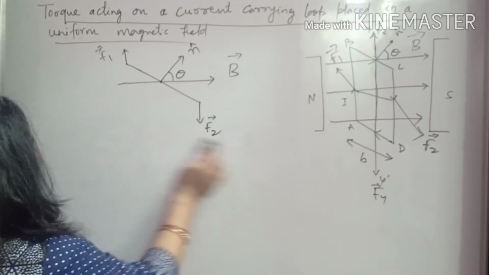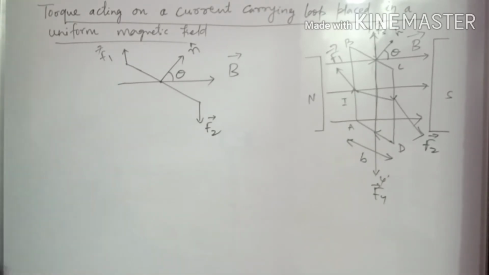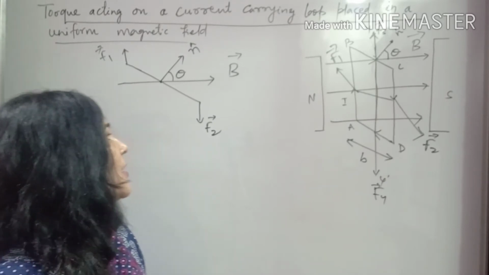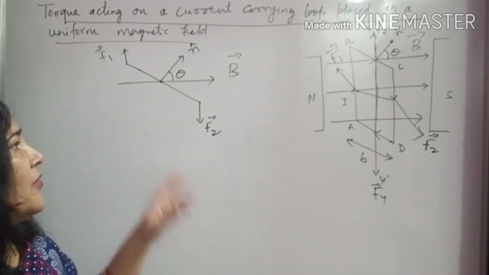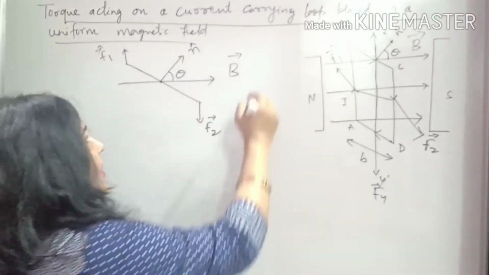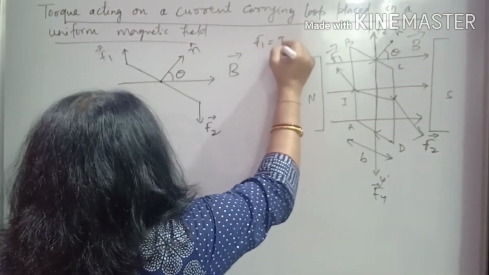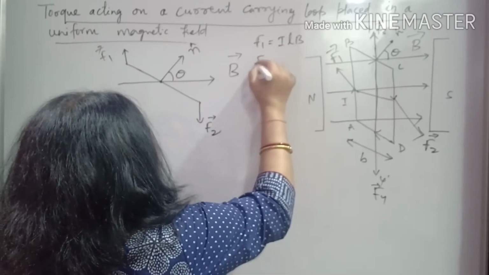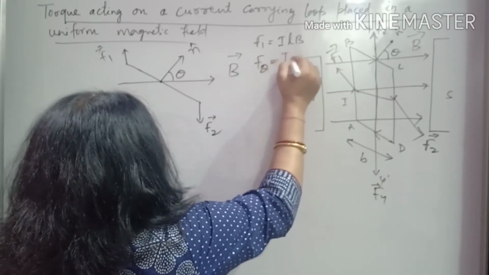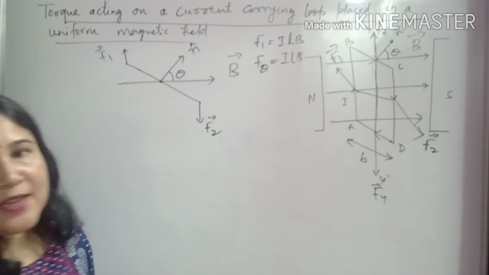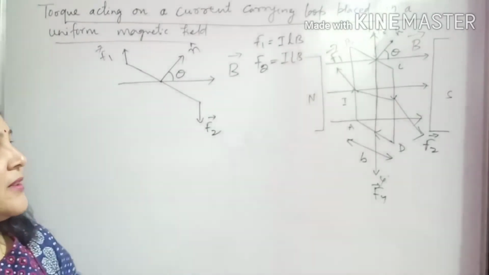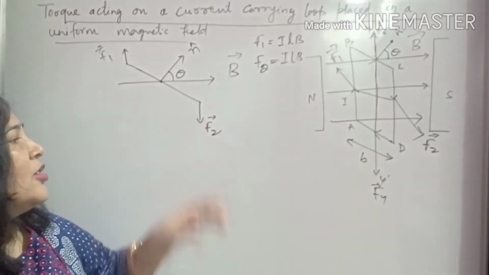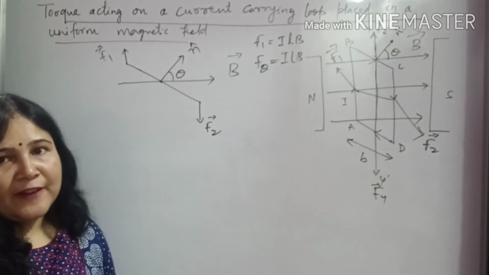Now we have to find the torque. Look at these two forces we got, F1 and F2. F1 is equal to ILB in magnitude, and the magnitude of F2 is also ILB. Both have the same magnitude and they do not act along the same line of action.